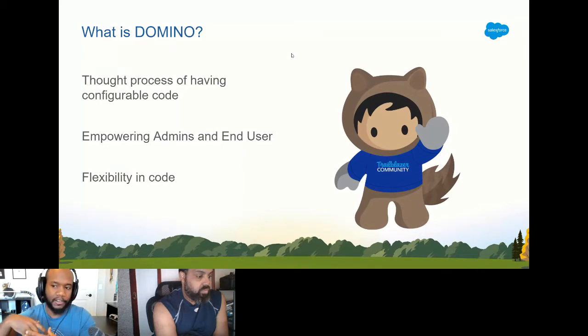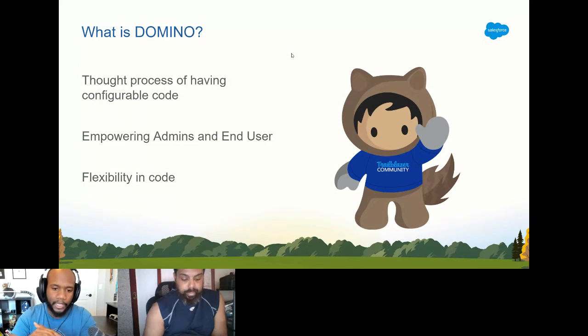If you are a developer and you're used to writing code, maybe you don't think about writing configurable code. You're just writing your code to have a specific purpose. It does one thing, and you create it, you set it, and it's gone. And then lo and behold, two weeks, three weeks, a month later, a business user or some new requirement comes in and the code needs to change again.